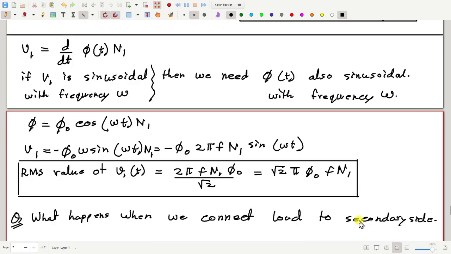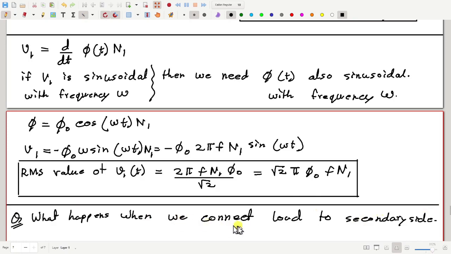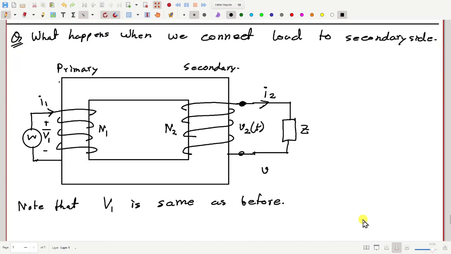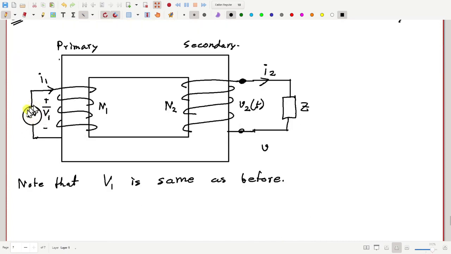Now let us ask the question, what happens if we connect a load to the secondary side? Notice that this voltage is unchanged. If this voltage is unchanged, then this flux phi must also remain as before. So phi as a function of time should remain the same as before.